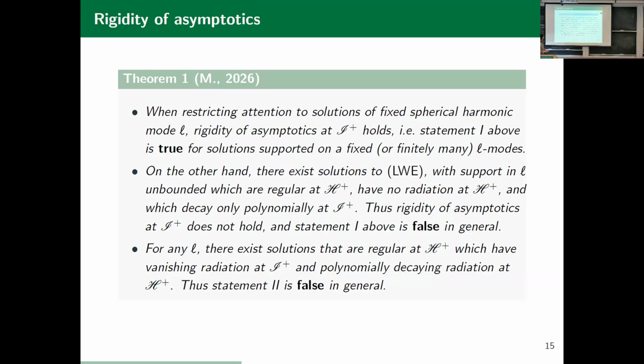So statement one holds for fixed L or finitely many L. But if I allow the data to be supported on unbounded L, then actually statement one becomes false. So it's no longer the case that the radiation field should decay exponentially at Scri plus.